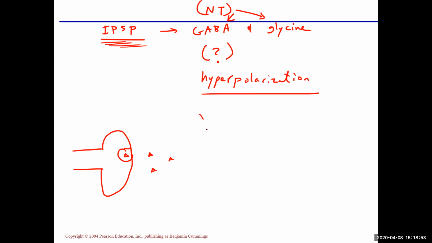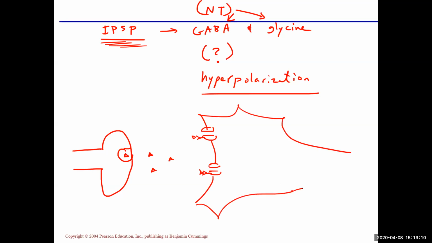And as it binds, I'm just going to leave this channel open, because I assume that they already bound in here. These are ligand-gated channels, and this is part of the postsynaptic neuron. Now I wanted to demonstrate what is happening in this case. So let's say that these are for GABA.